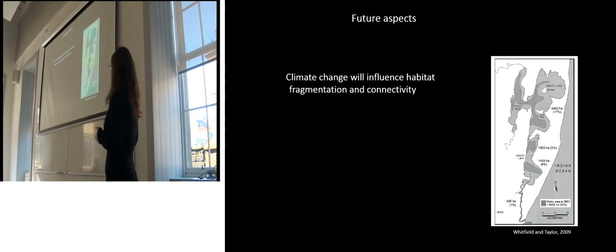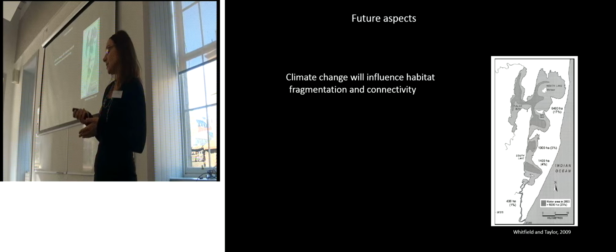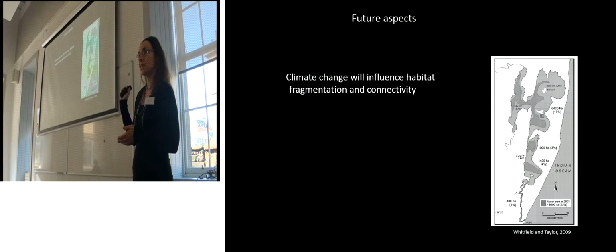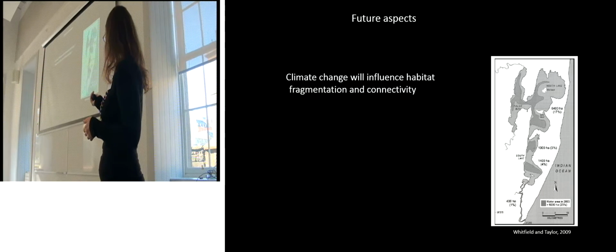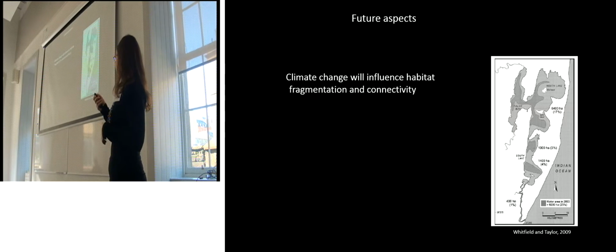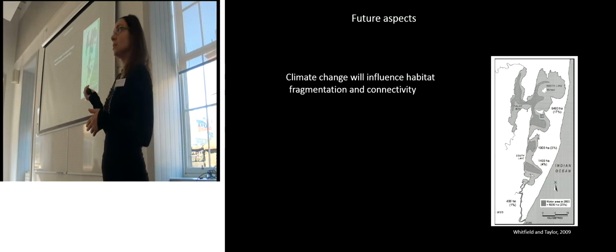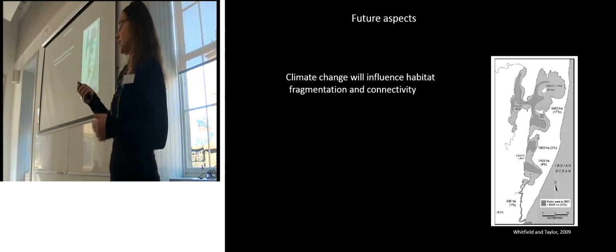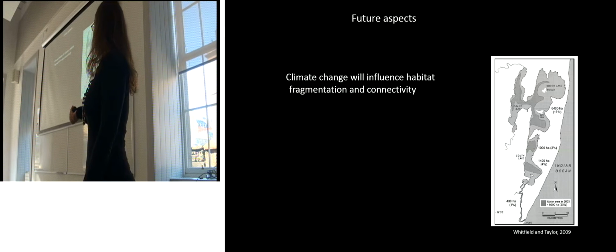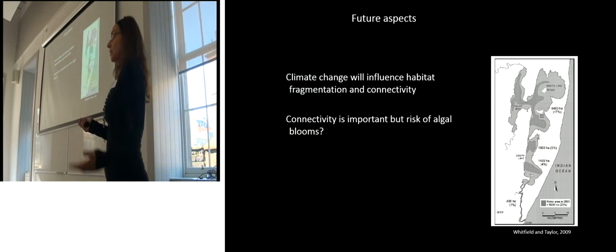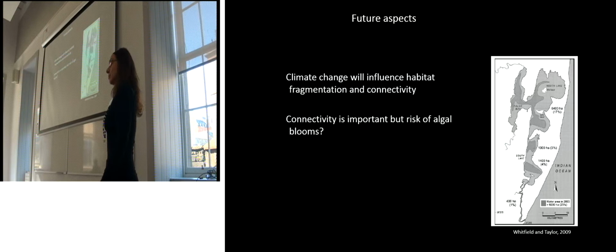Well, we all know that climate change can influence habitat fragmentation and connectivity. This is an example from Santa Lucia Lagoon in South Africa, where severe droughts in some years decreased biodiversity a lot. And our results show that connectivity is very important.